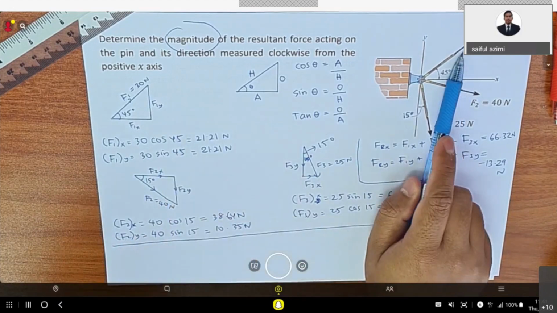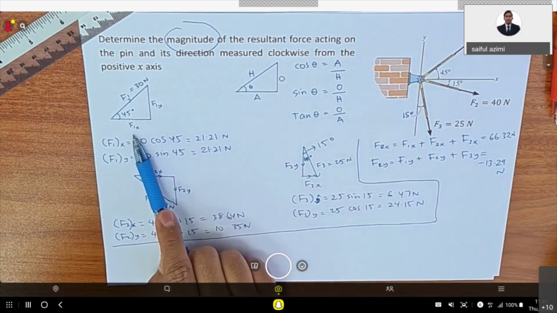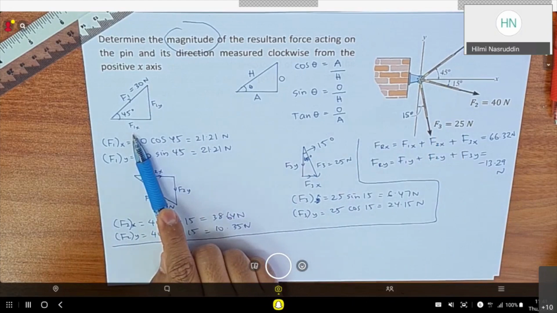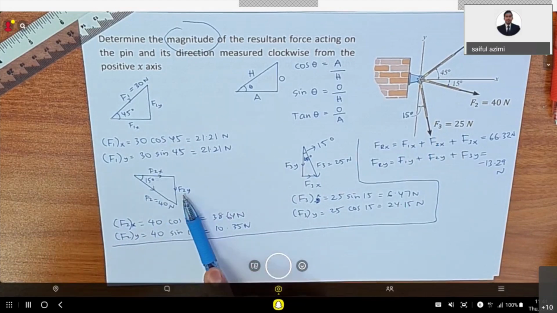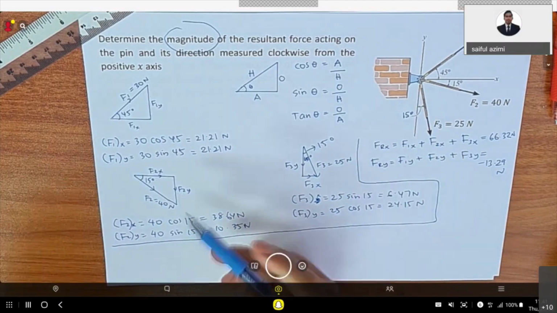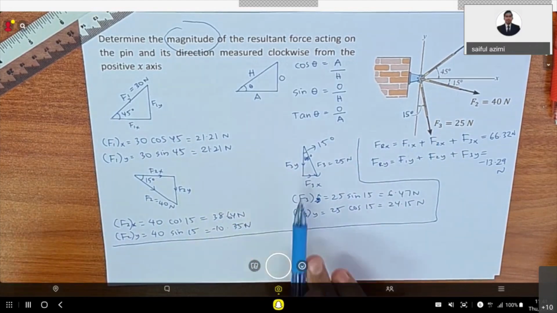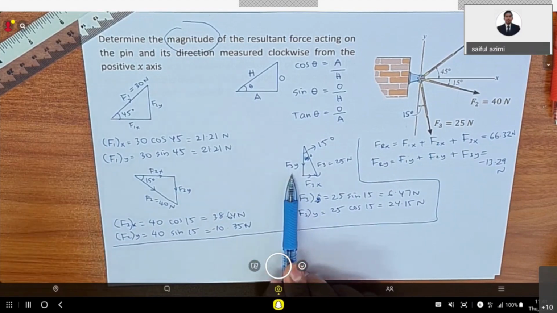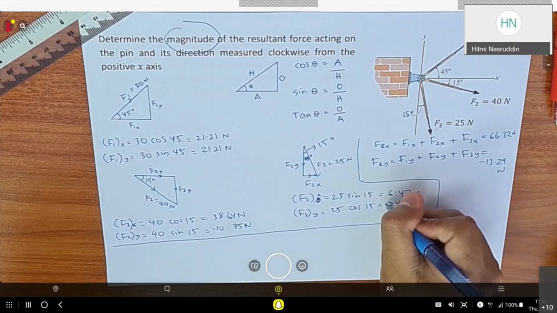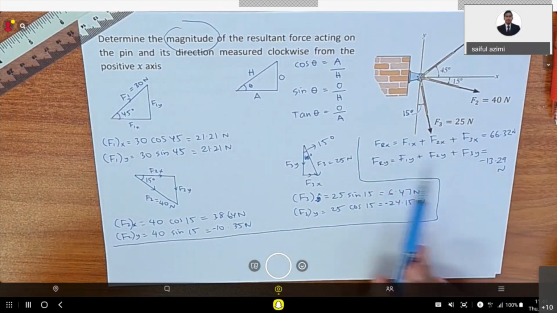This is force 1, positive, sir. What about x? Positive. Yes, it's true. For the second one, F2x positive, F2y negative, so you put negative here. F3x positive, F3y negative. So when you add it together, you will get this answer.